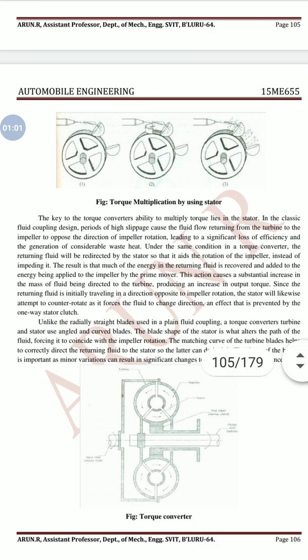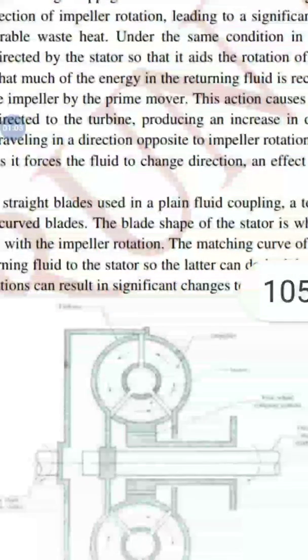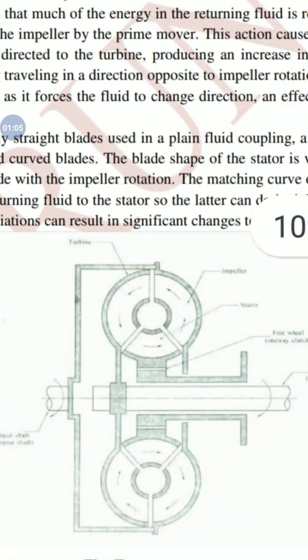So the main components in the torque converter are the pump, turbine and the stator. You can observe in the figure that the stator is located in between the pump and the turbine. The main function of the pump is to transfer the fluid to the turbine. Since the stator is in between the pump and the turbine, it redirects the fluid returning from the turbine.